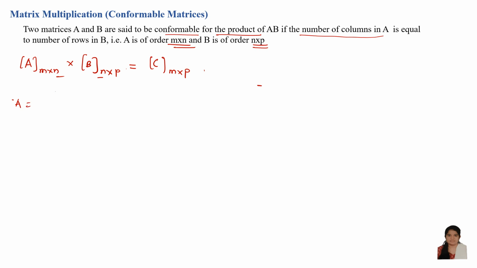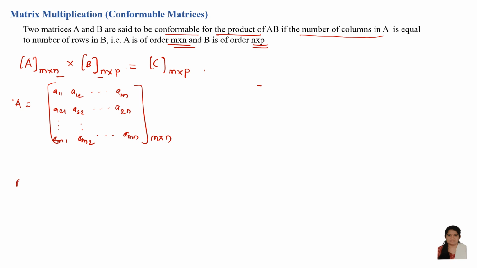So suppose in general we have a matrix A with entries A11, A12, up to A1n, A21, A22, up to A2n, up to Am1, Am2, up to Amn. This is of m cross n order.